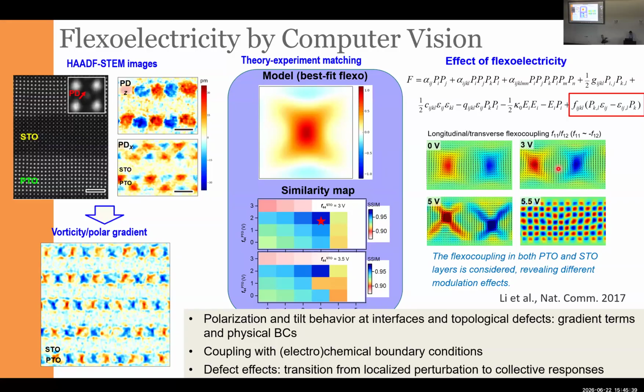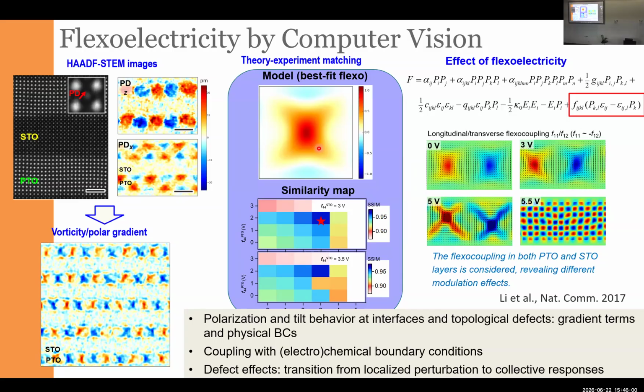But if the shape of the vortex depends on the strength of the flexoelectric coupling, that means that we can take experimental data and find the best match between the theory and experiment, and the best match will tell us the value of this flexoelectric coupling coefficient.